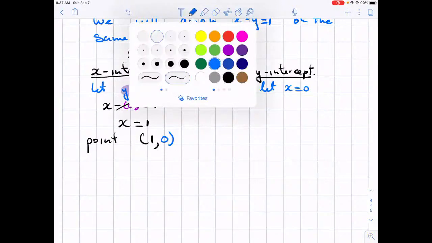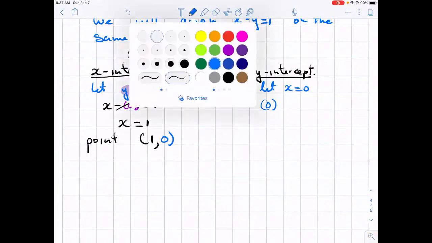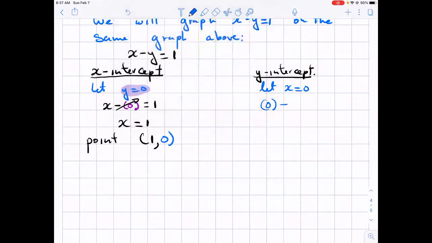Now, if we find the y-intercept, we have the equation x minus y equals 1. So instead of x, I'm now going to write 0. So 0 minus y equals 1, and this here we know will be 0.